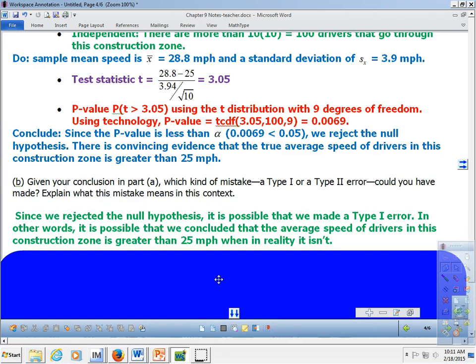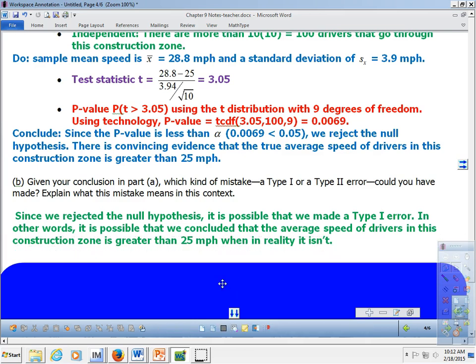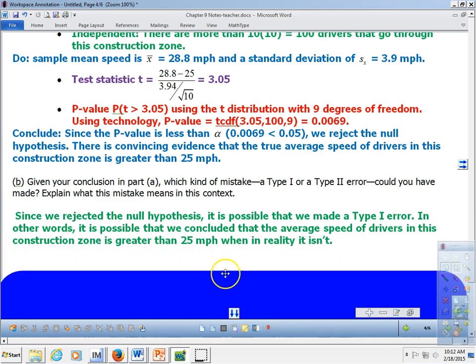In other words, it is possible that we conclude that the average speed of drivers in this construction zone is greater than 25 miles per hour, when in reality it isn't. Okay? Which means we put a cop there for no reason. And that may or may not be okay, depending on the situation. Okay? But you've got to make sure you can talk about type 1, type 2 errors in context there.